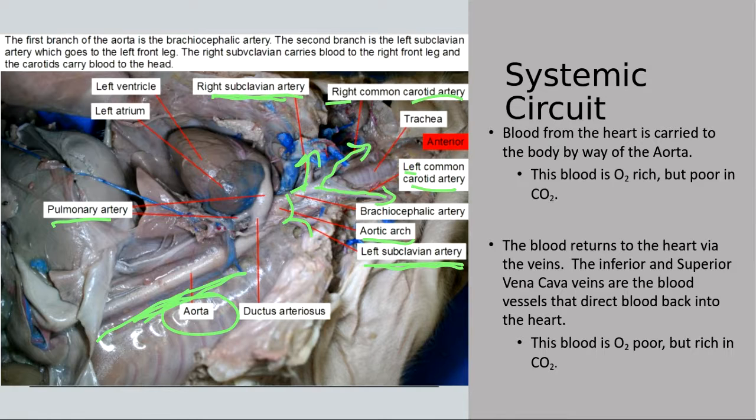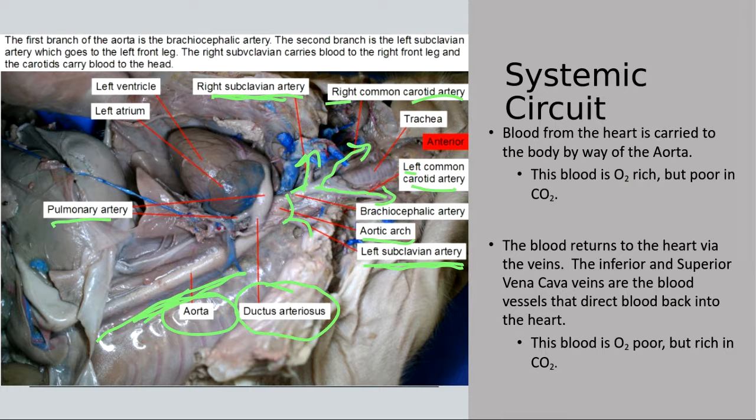Okay, what is this? Ductus arteriosus. I'm not going to hold you to this, though, but I would like to talk about it. The ductus arteriosus is a bypass that exists in the fetal pig, or fetuses in general. It's a bypass that will connect the pulmonary circuit to the aorta.